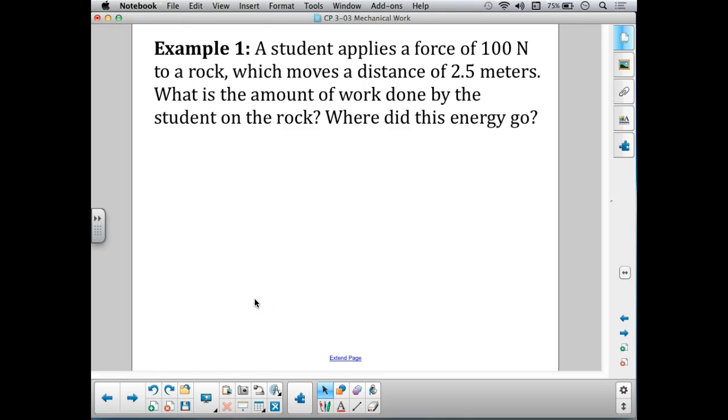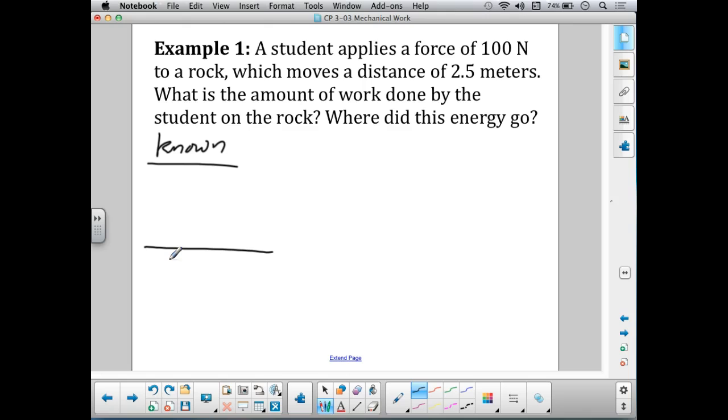So example 1 here is fairly straightforward. I have a student applying a force of 100 newtons to a rock, which moves a distance of 2.5 meters. What is the amount of work done by the student on the rock, and where did this energy go? Okay, step number 1, as usual, I have to write my knowns, and it always helps if I can draw a diagram. So this one's really simple.